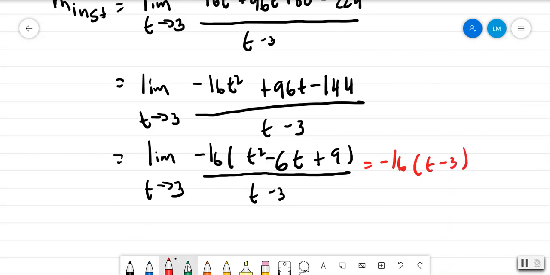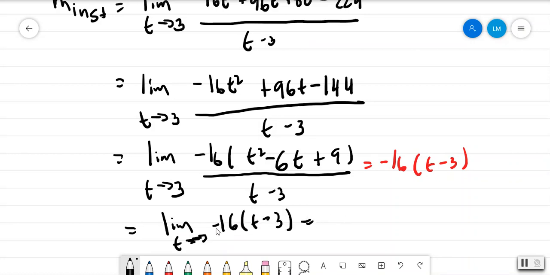So what that means is that this equals the limit as t approaches 3 of negative 16 times t minus 3, and this actually gives you 0. Okay, that's pretty weird that it gives you 0.